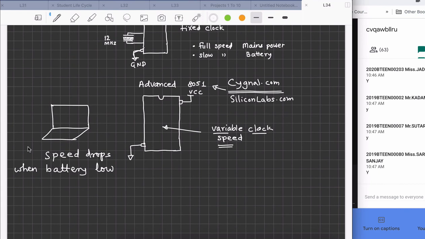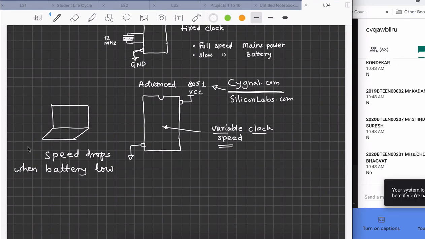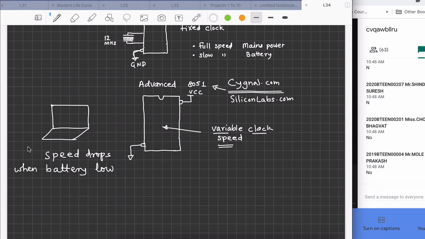So how does it happen? The crystal. When the battery is low, do you open the laptop and change the crystal frequency? Yes or no? Sorry. When the battery goes down, do you open the laptop and change the crystal of your processor? No, we do not do that. That is ridiculous. But still it happens.